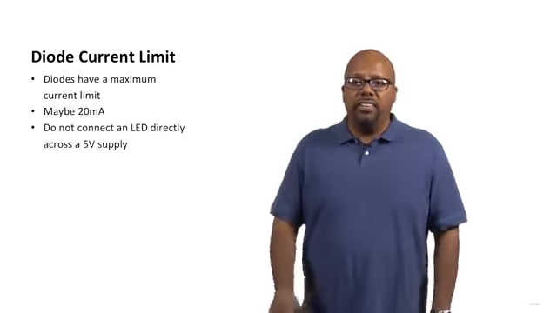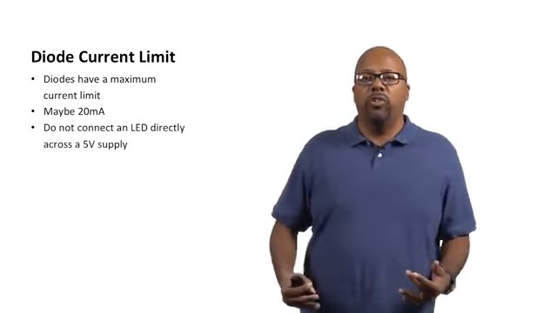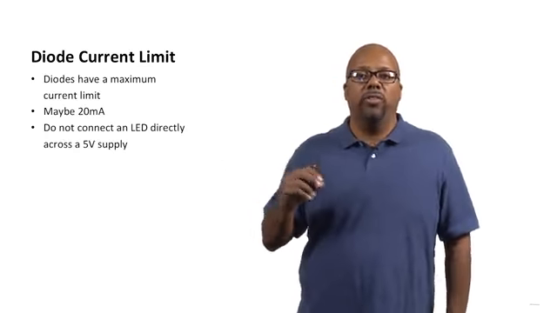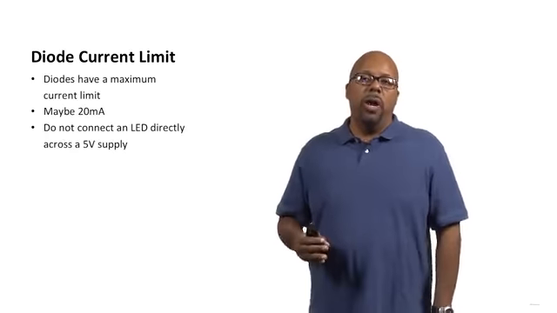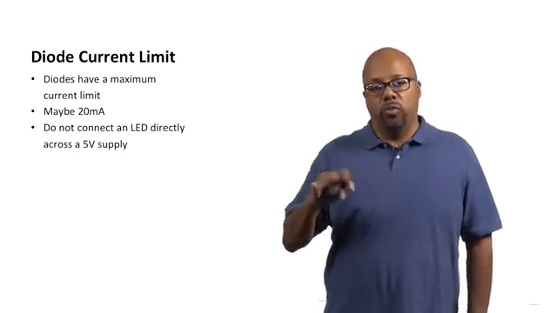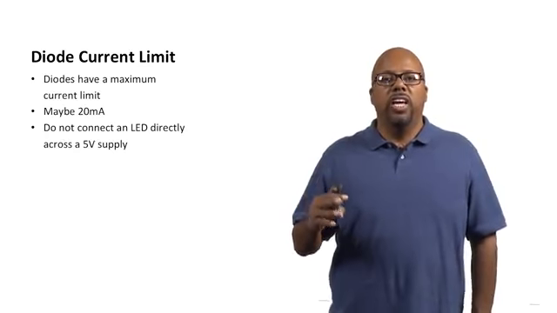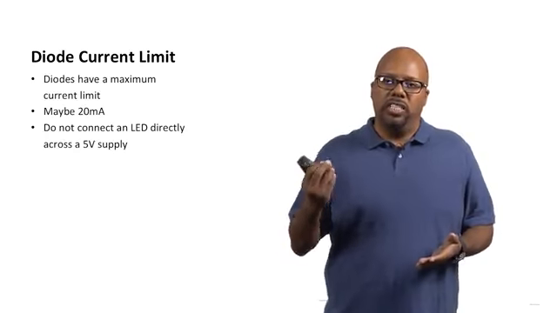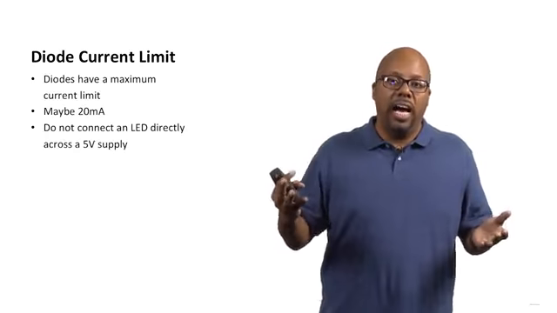So do not connect an LED directly across a 5-volt supply. What I mean by that is, there's the anode and the cathode. If you take the anode wired directly to 5 volts, the cathode wired directly to ground, you'll have a circuit, and current will flow. But a lot of current will flow, because that LED has very little resistance when it's on, right? And remember, V equals IR, so I equals V over R, and the resistance is low, so I will be very high.